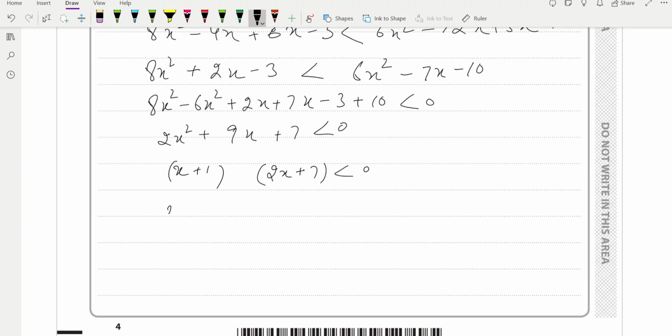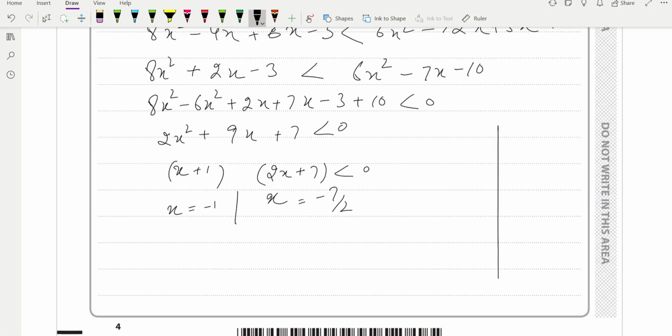If we simplify, x will be equal to minus 1, and the other root, x will be equal to minus 7 by 2. Now we can draw a quadratic graph.